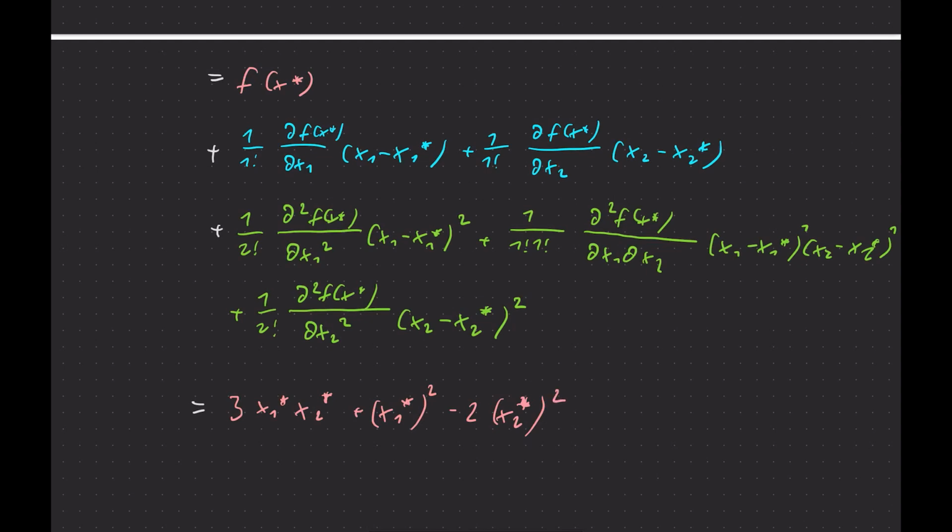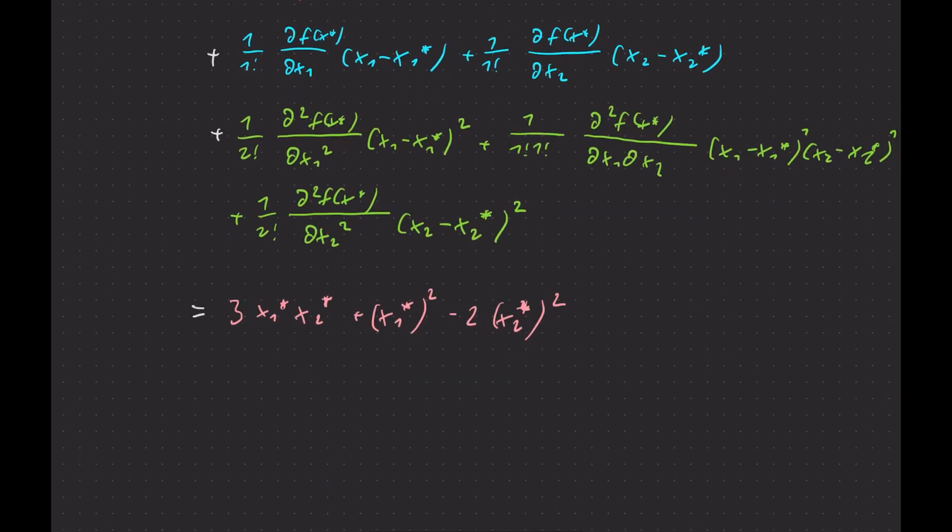Then we have that blue part, those two we've computed. That will yield 3 x2 star plus 2 x1 star, that is that derivative here, times x1 minus x1 star, plus, and the other derivative was 3 x1 star minus 4 x2 star, times x2 minus x2 star.